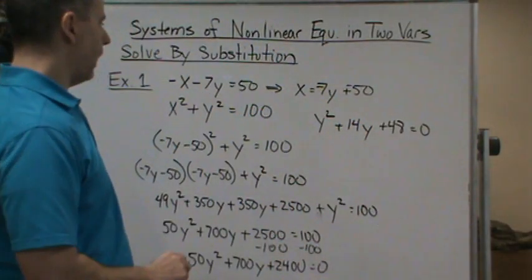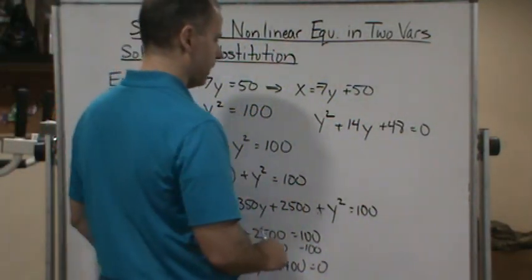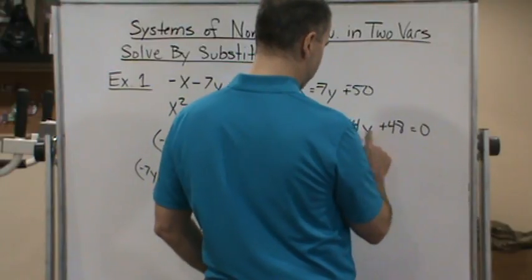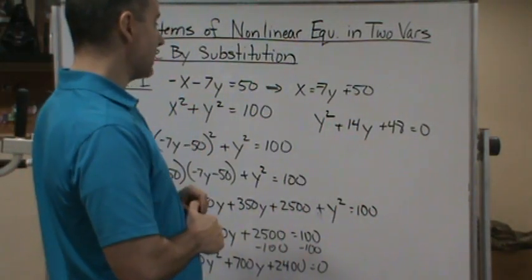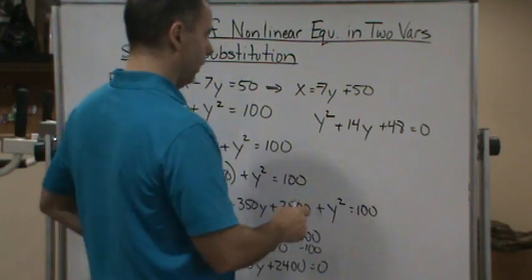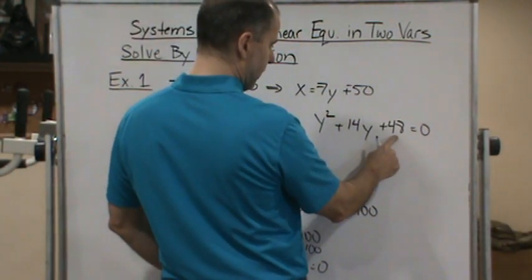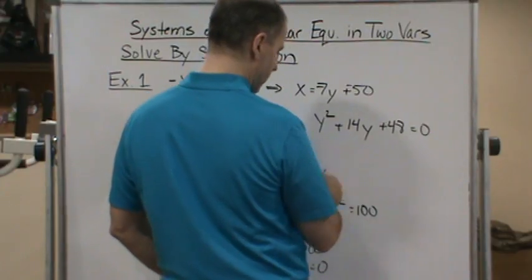And now I can see if I can factor this, because all I need is two factors of 48 that add up to 14. And so 6 times 8 would do it, right? 6 times 8 is 48, and 6 plus 8 is 14, so that'll do it.